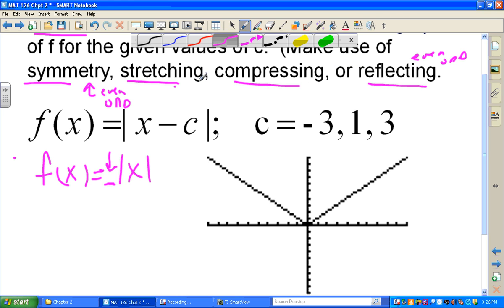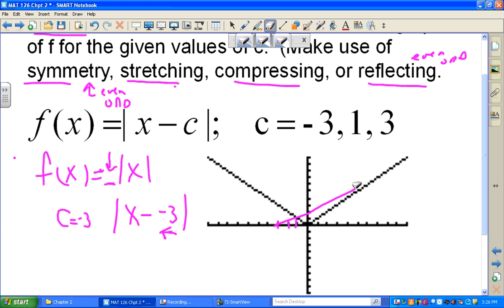I am kind of reflecting it, because if I put in the absolute value of x minus a negative 3, if c equals negative 3, it actually moves the graph this way 3 units. 1, 2, 3. And it has a little bit of effect on everything. Oh, that should be at 3.